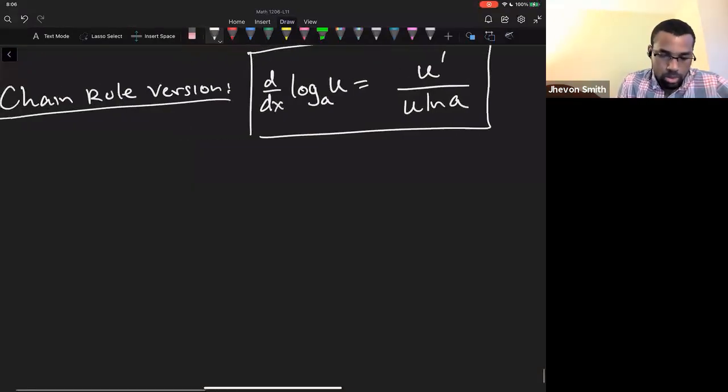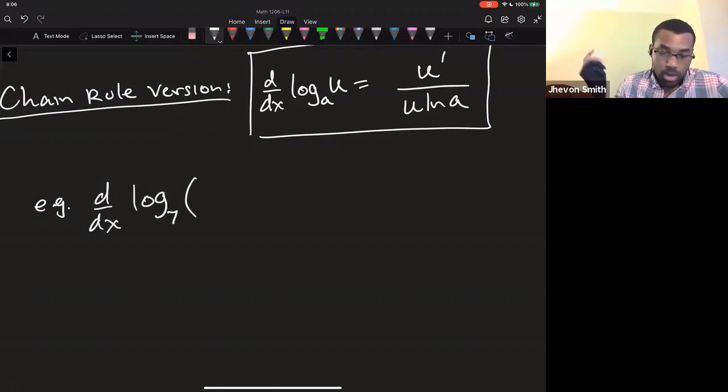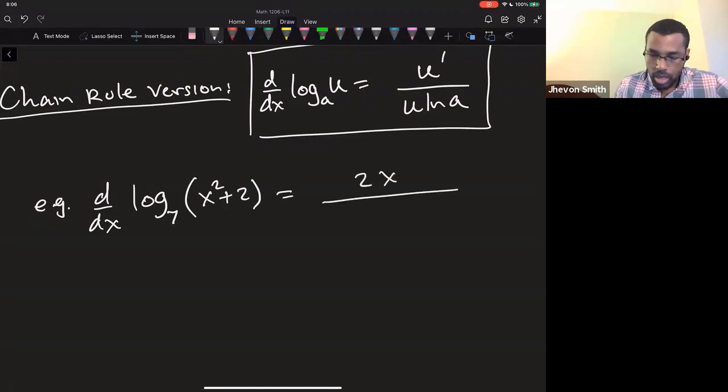So example, the derivative of log to the base 7 of something else, x squared plus 2. Well, that's just going to be the derivative of that divided by that thing, x squared plus 2 times ln of 7.